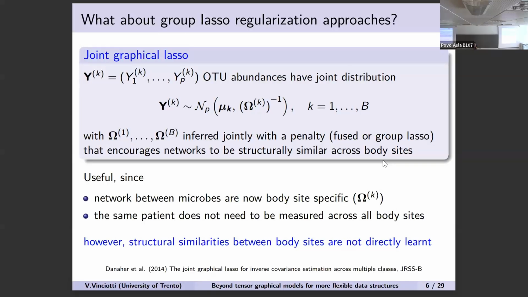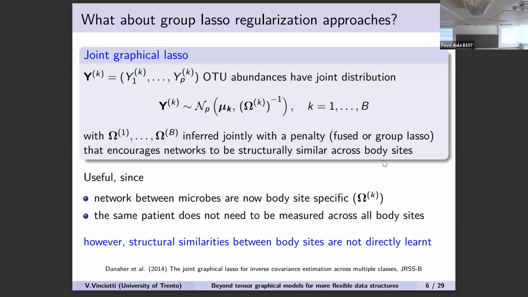Useful: compared to before, we now have matrices that depend on K, so we do learn environment-specific interactions. These two microbes interact in saliva, but not in throat, and so on. Maybe the disadvantage is that I would like to know, in some sense, that these two networks are similar, and in what sense or how much.